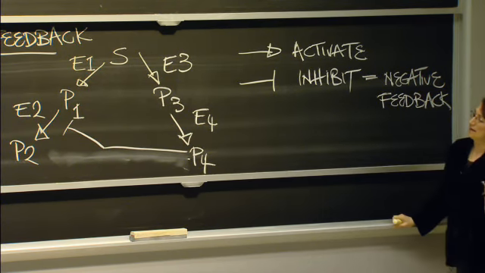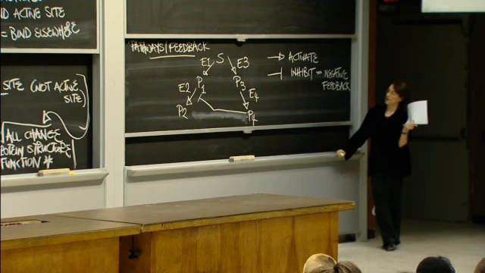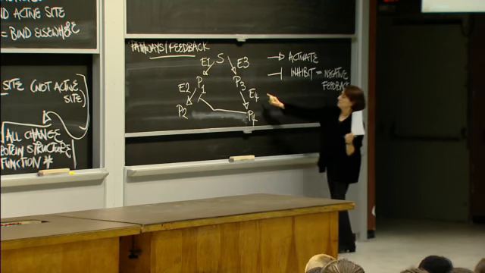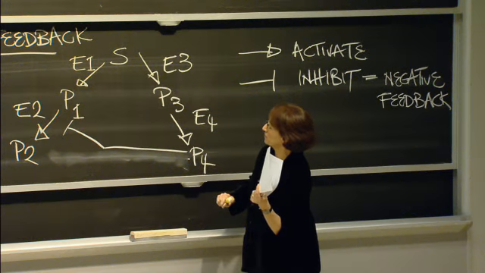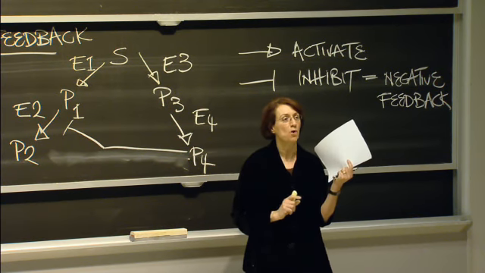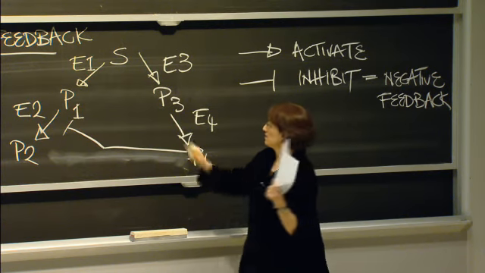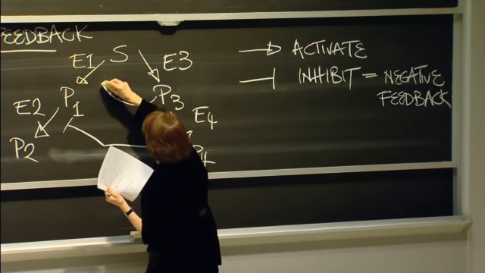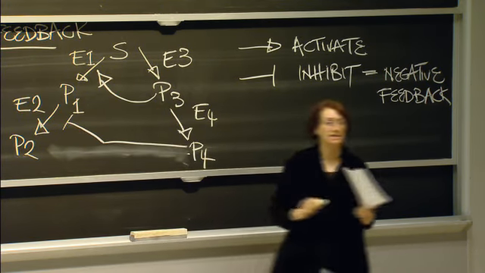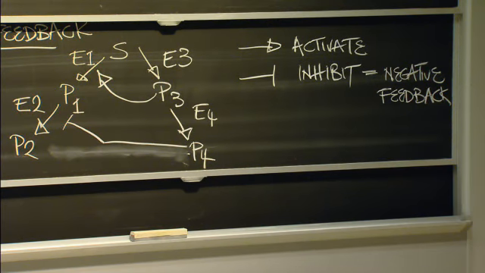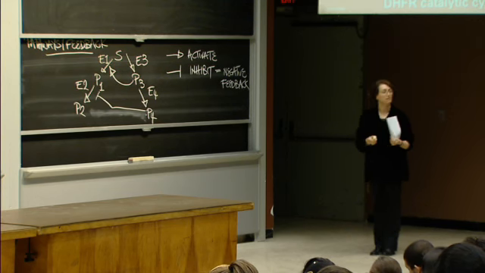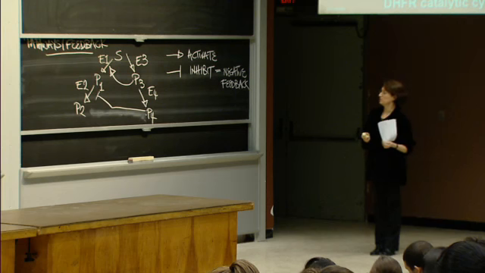At the same time, you might get positive feedback. It may be that if you have some of product 3, you actually want more of product 1. And in that case, product 3 might activate enzyme 1 so that you actually activate the other branch. This is a complicated pathway. There's a lot of competition going on here.